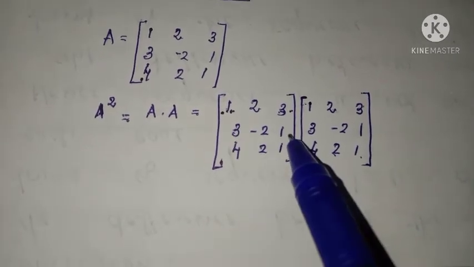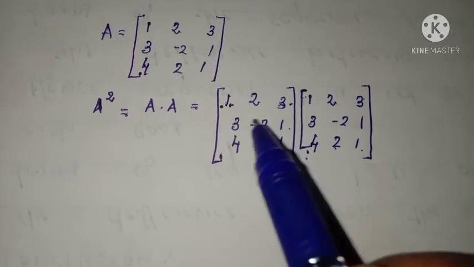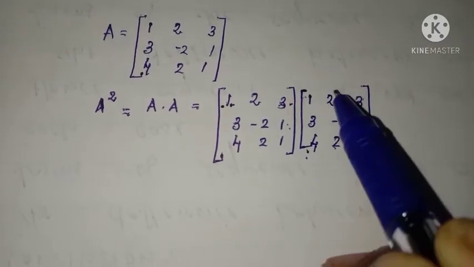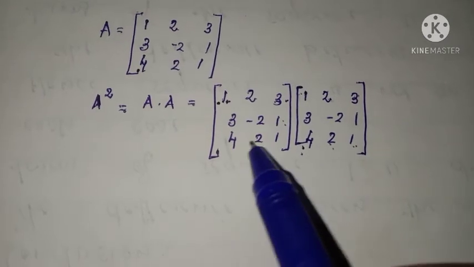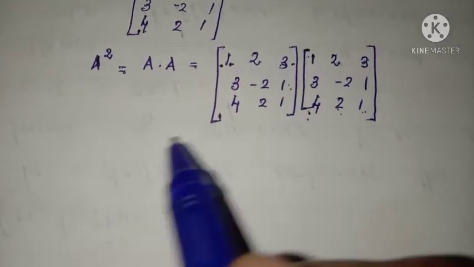Take the second row elements and multiply them with the first, second, third column. Similarly in the case of the third row. So watch it carefully.